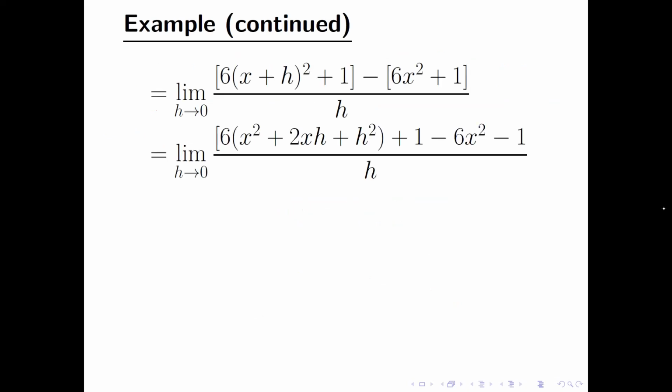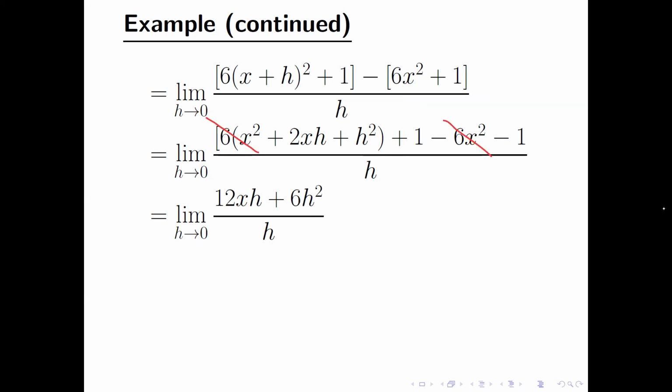When you simplify this, you get 6 times x squared plus 2xh plus h squared, plus 1, and then we take care of this parenthesis by multiplying throughout by -1. If you multiply throughout by 6, this gives you 6x squared, which takes care of the other 6x squared.